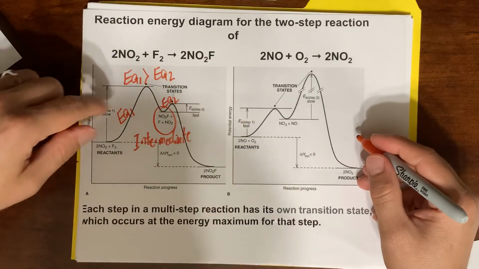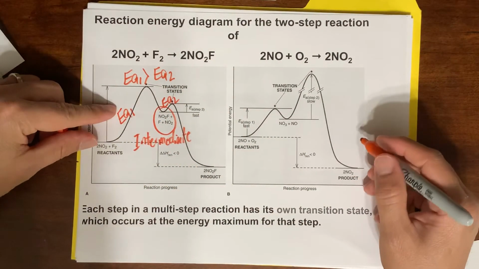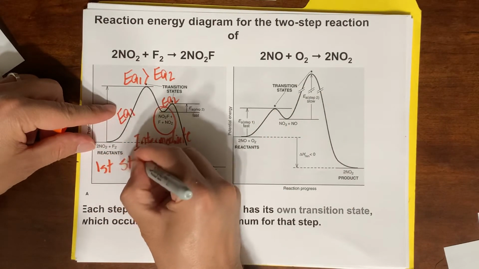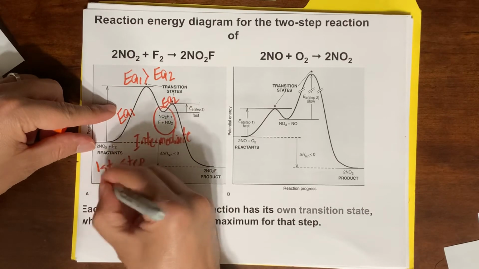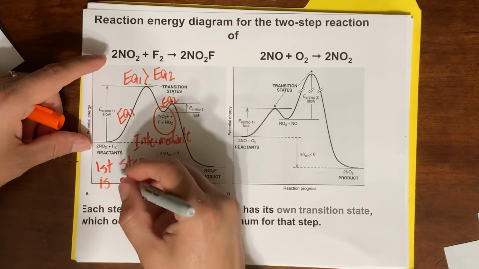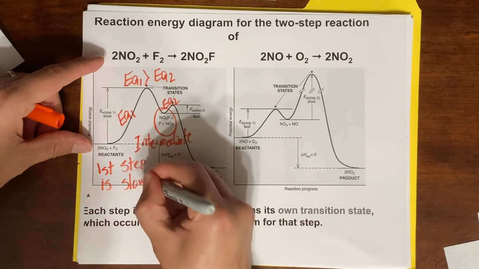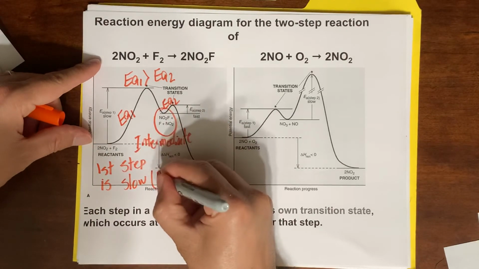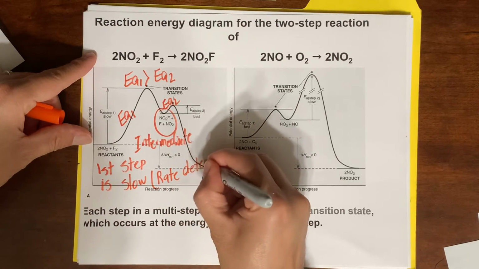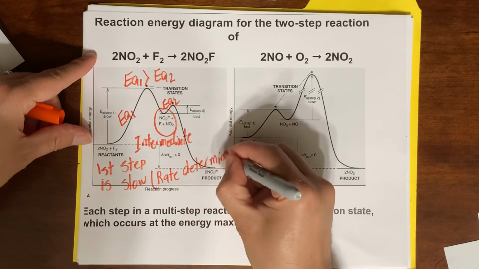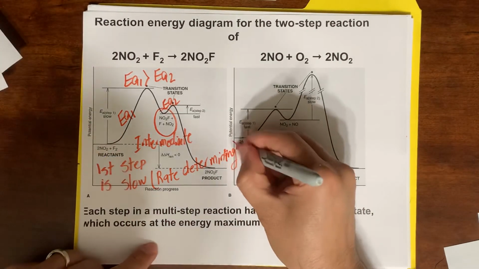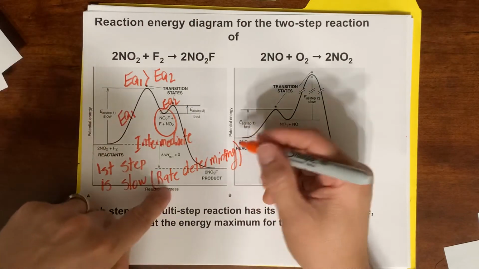So that means the first step is the rate determining step. So the first step is slow or rate determining.